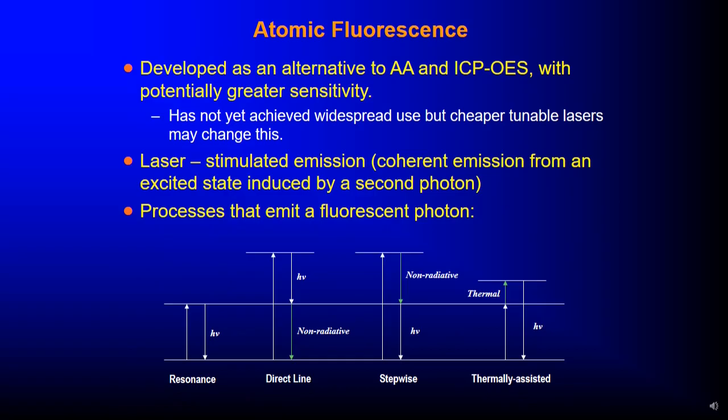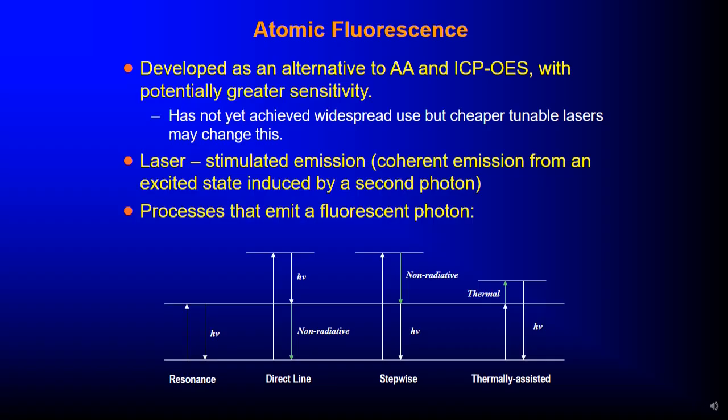And atomic fluorescence was developed as an alternative to atomic absorption and inductively coupled plasma optical emission spectroscopy, with potential greater sensitivity. It has not yet achieved widespread use, but cheaper tunable lasers may change this.